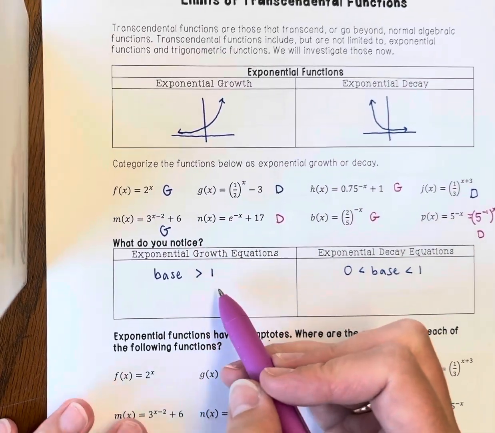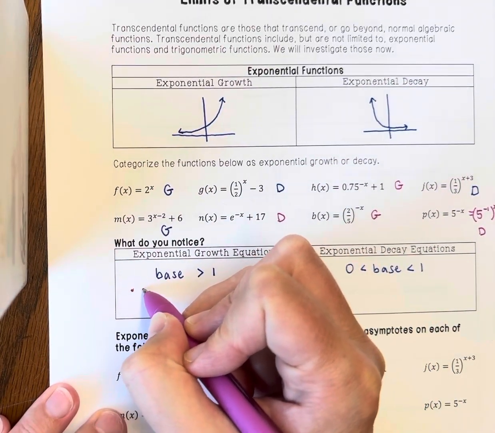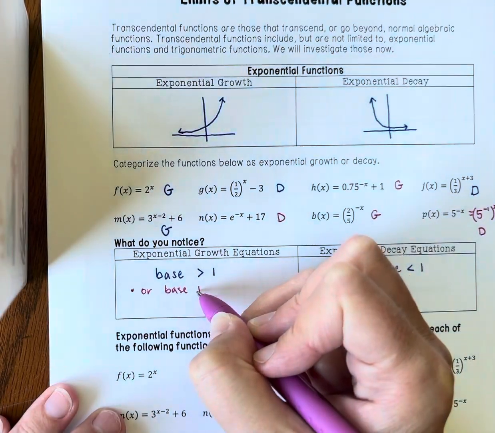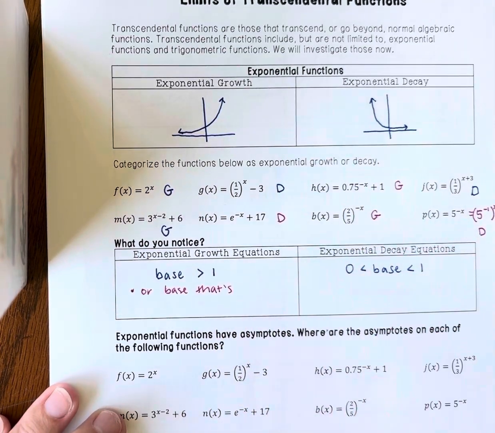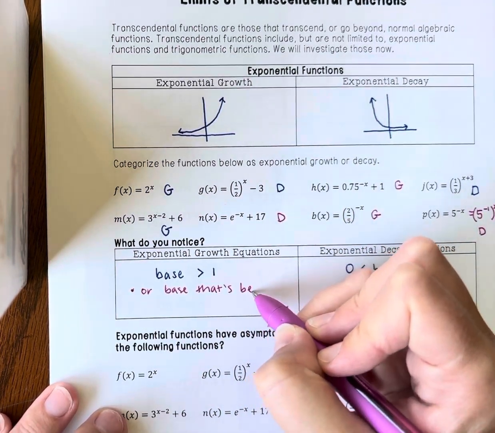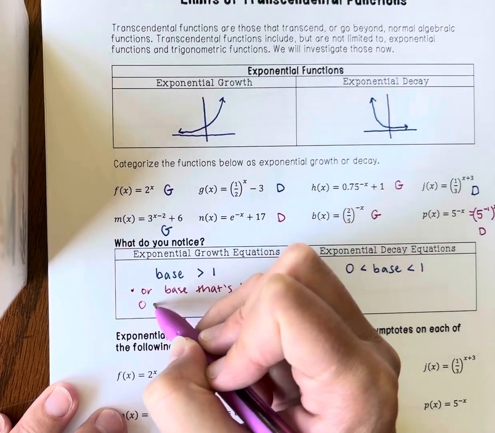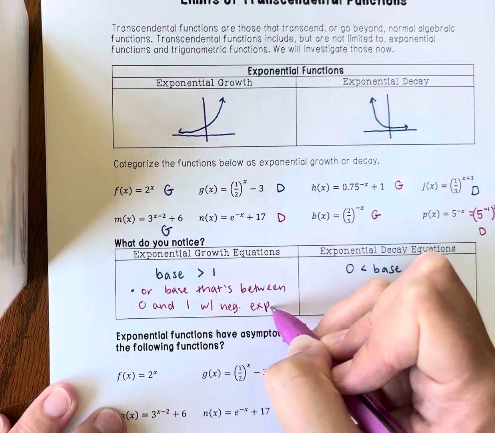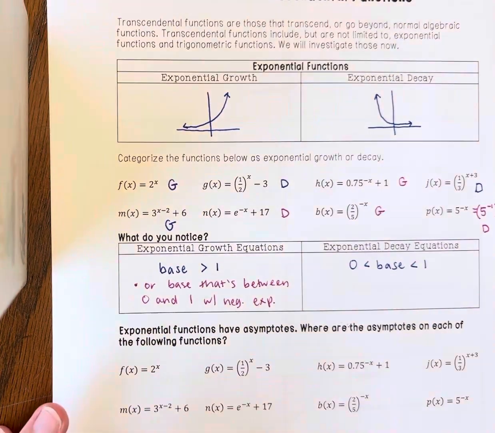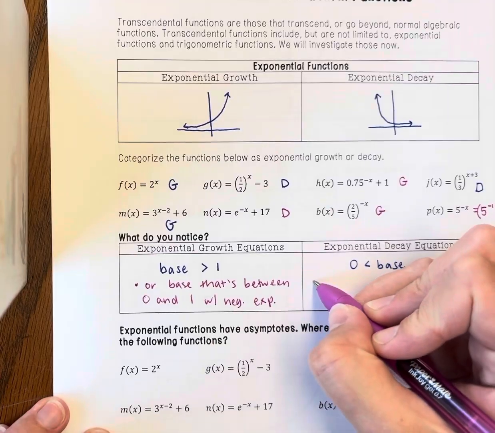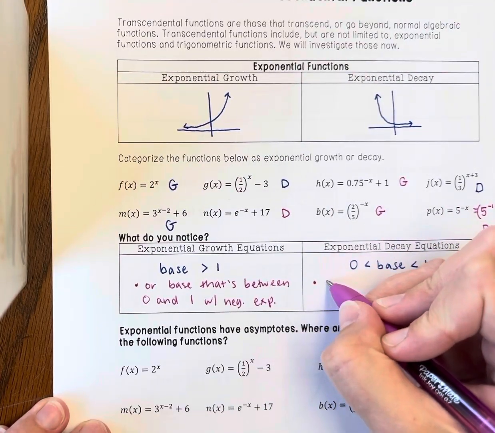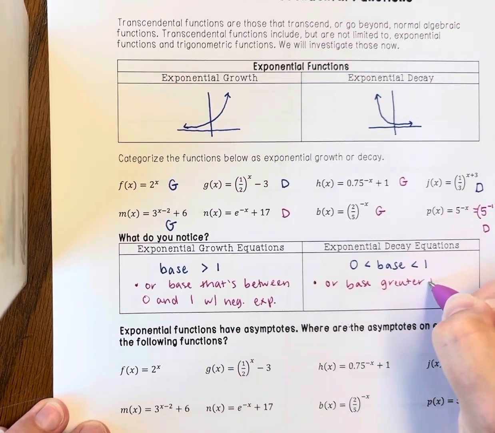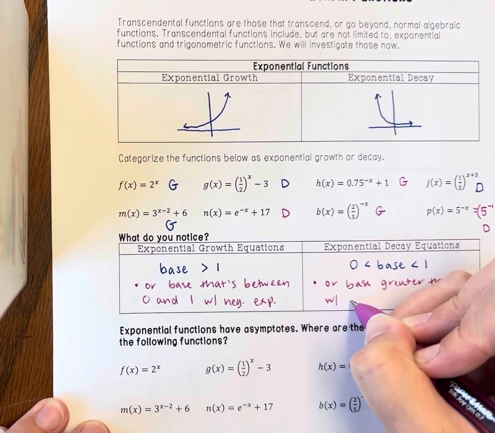So the base is greater than 1 for growth equations, or a base between 0 and 1 with a negative exponent. Same thing over here. Usually the base is between 0 and 1, or a base that's greater than 1 with a negative exponent.